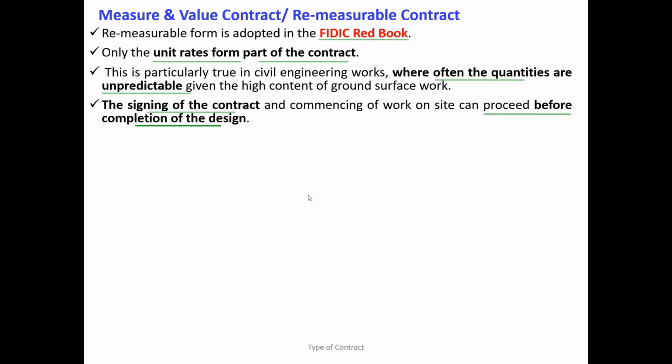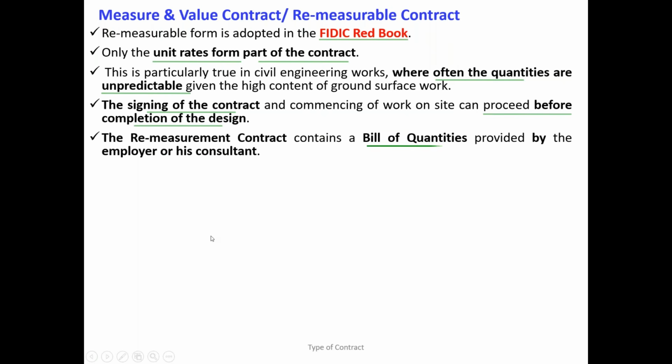If your design is fully completed and your scope of work is well defined, do we need to go for a measure and value contract? No. But why are we going for a measure and value contract? Because the scope of work is not defined, because the design development is in progress. So we don't need to have the complete design if we are going for a measure and value contract.